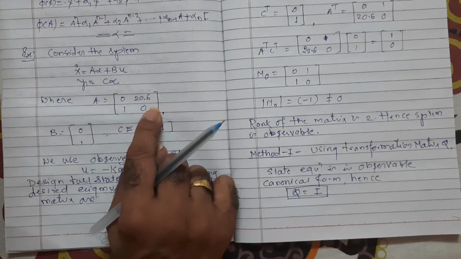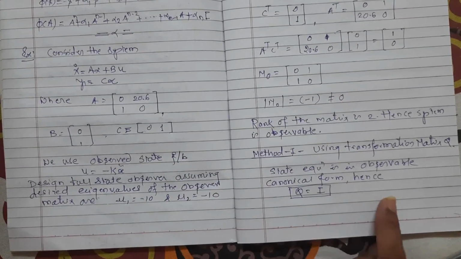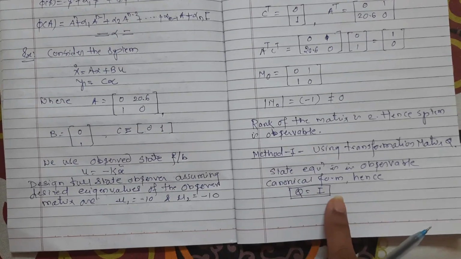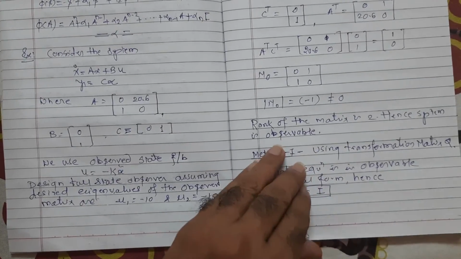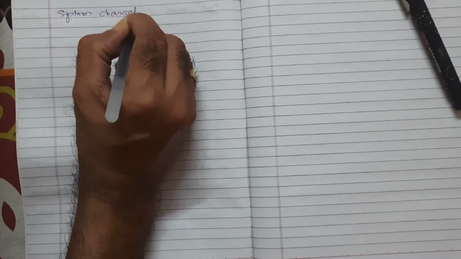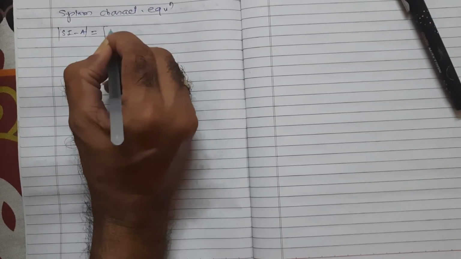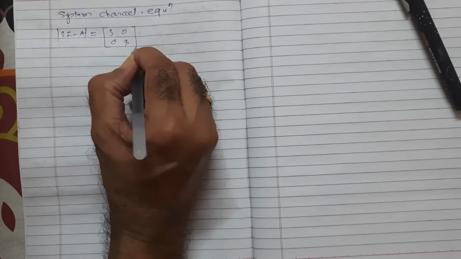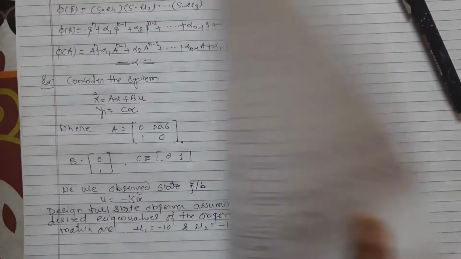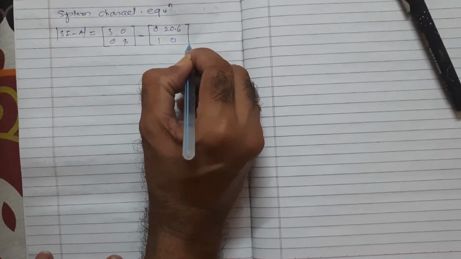This is 0, this is some value, here is the 1, and then here is the 0, and this is 0 1, so it is in observable canonical form, so we can say that our system transformation matrix Q becomes I. Now we will calculate the system characteristic equation, that is the determinant of sI minus A, where sI is [s 0; 0 s], because it is a 2 by 2 matrix, and A is [0 20.6; 1 0].